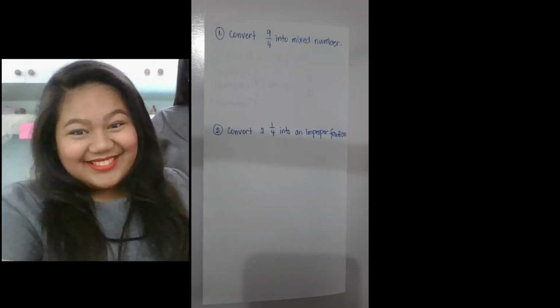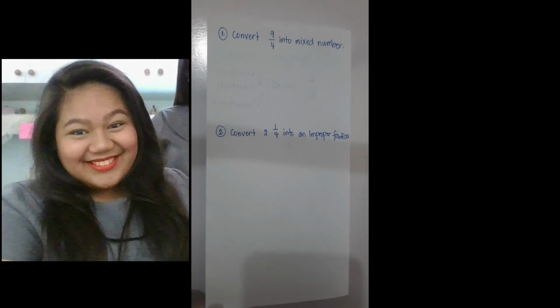Please get a sheet of paper and a ball pen to practice our converting skills. Are we ready? Okay. Number 1. Convert 9/4 into a mixed number. How are we going to do it?